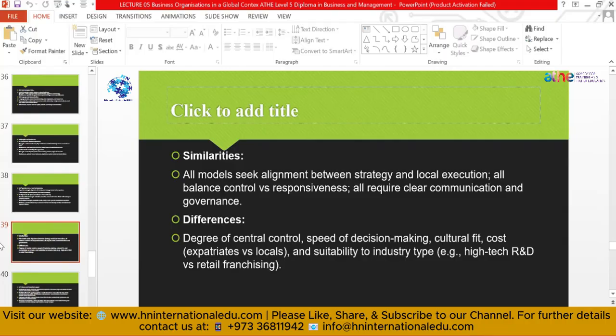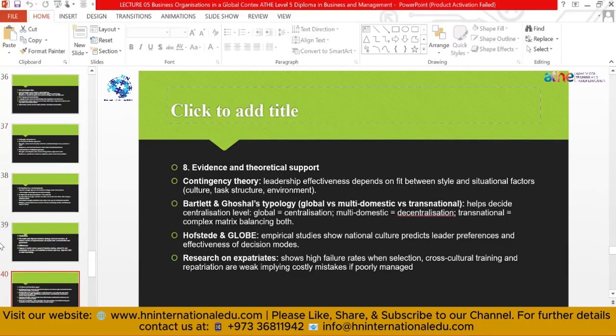And suitability to industry type, for example, high technology in research and development versus retail franchising, that is from city to city. Now, the agreement which has been passed says that soon Dalbek is going to be opening up 200 branches in Pakistan. So let's see what will be the scenario of the quality, the taste, the workforce, the employment, the structure, the aesthetics. Each and everything will be overlooked and overruled as well.